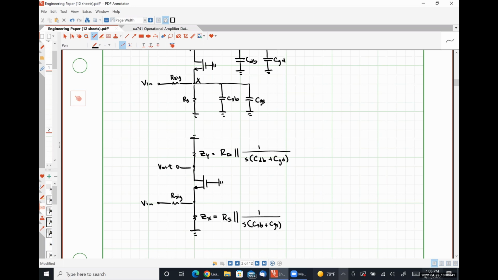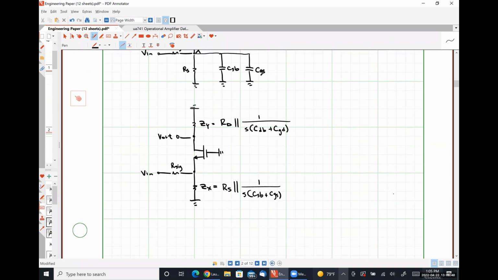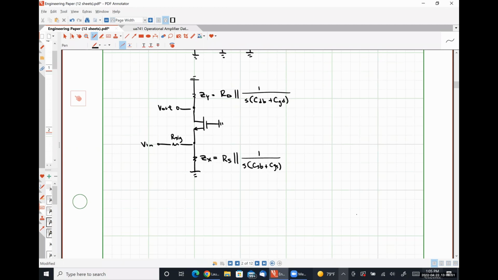So our transfer function H high of S is going to look like GM ZY, where ZY is taking the place of RD as we had before, because we're taking this whole impedance to be playing the role of what our drain resistance was previously, multiplied by our voltage divider equation, right?